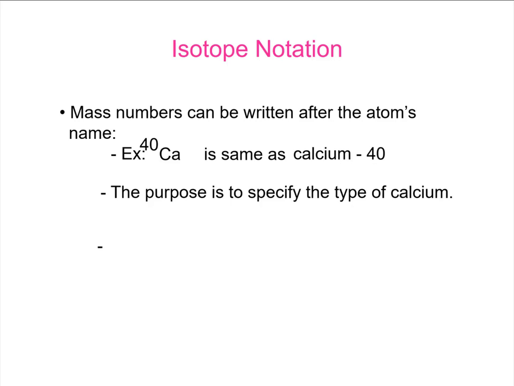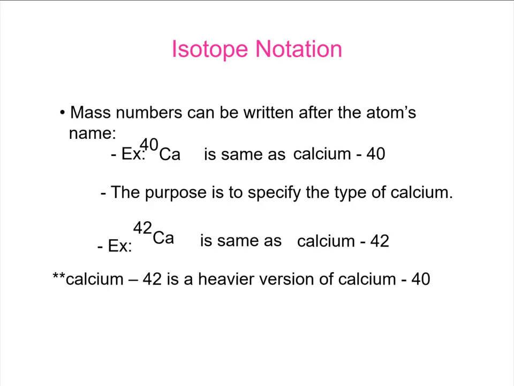So there might be a calcium 42, and that would be written like that. So the calcium 42, for example, would have 2 extra neutrons compared to the calcium 40. And so you would say calcium 42 is a heavier version compared to calcium 40.